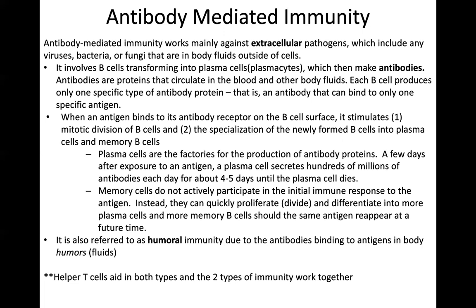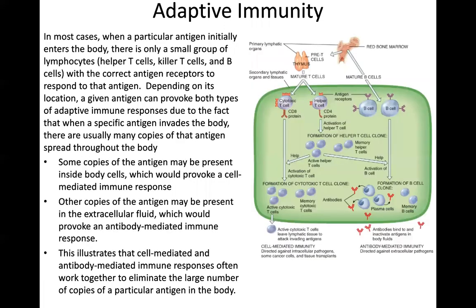Now, keep in mind, antibody-mediated immunity and cell-mediated immunity, these two processes aren't performed exclusively separately from one another. They are processes that we're doing together. In fact, helper T cells are going to help with both types. And we can see this cooperation between the two different forms of adaptive immunity here on the next page.